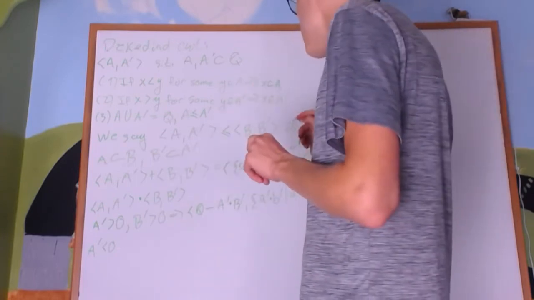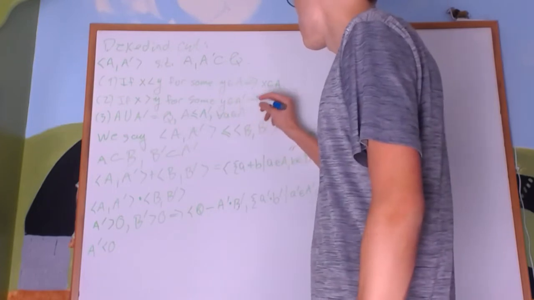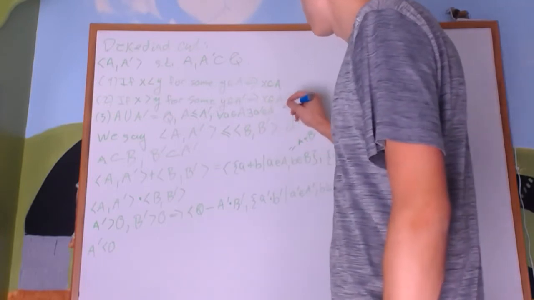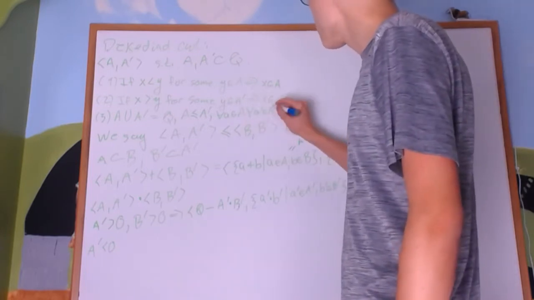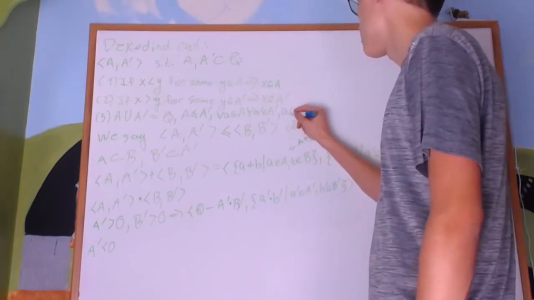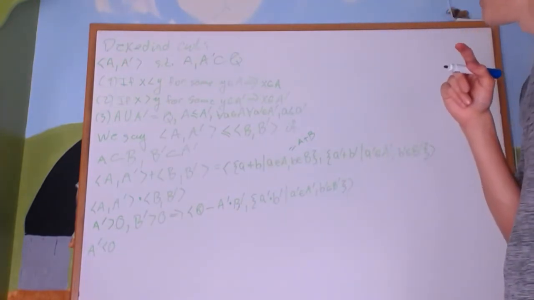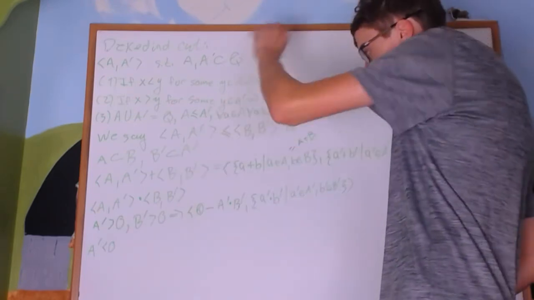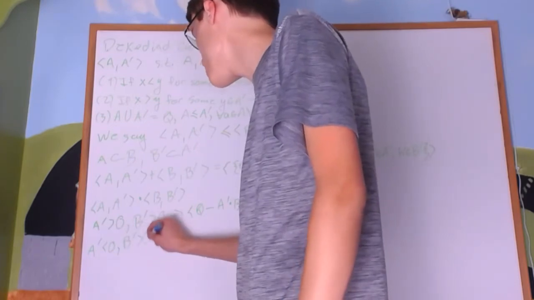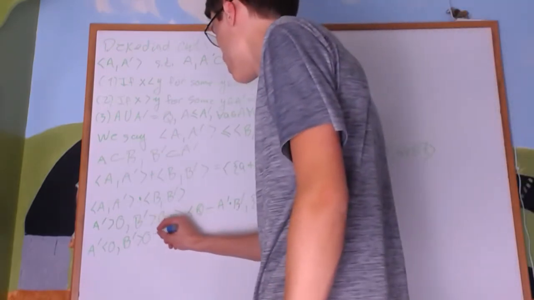So that means that for every A in A, there exists an A prime, an element. For every A prime and A prime, A is less than A prime. So that's what that means. Alright. So that's actually required for this next part. If A prime is less than 0, B prime is bigger than 0, then we have to pull a sly move.